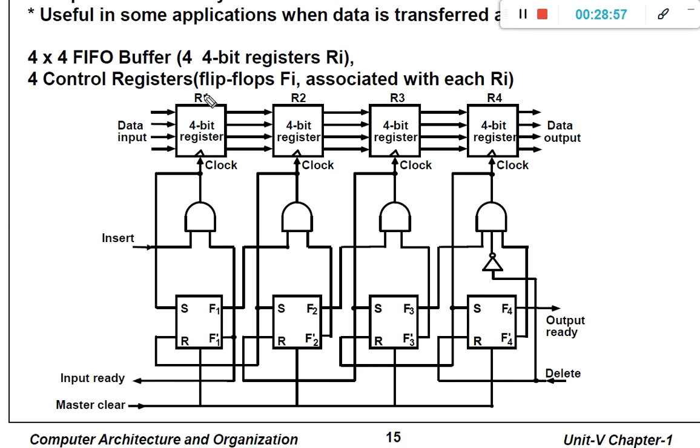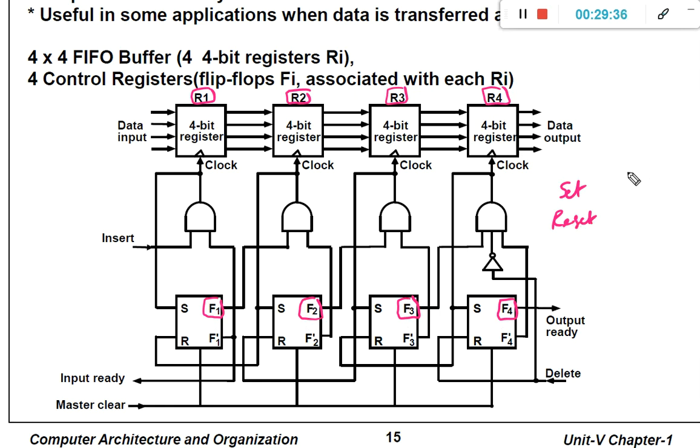There are 4 registers of 4 bits each, R1, R2, R3, R4, and there are 4 control flip-flops, F1, F2, F3, F4, which are controlled by set and reset commands.